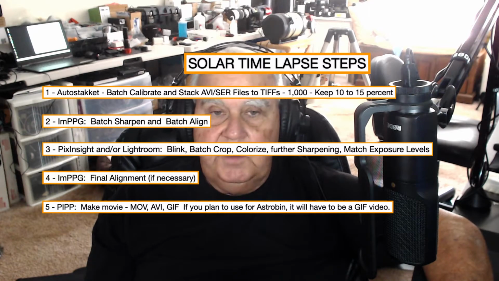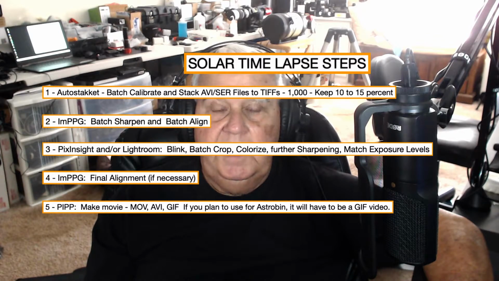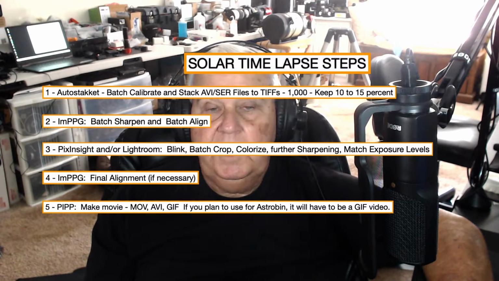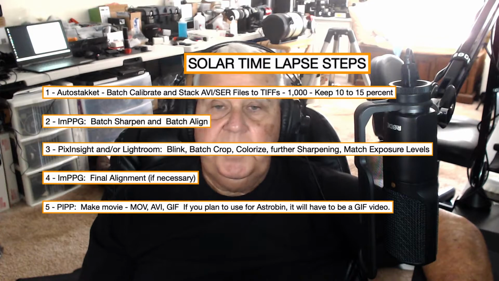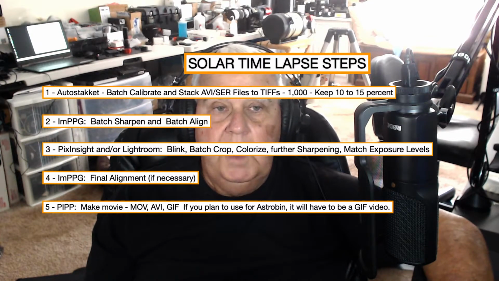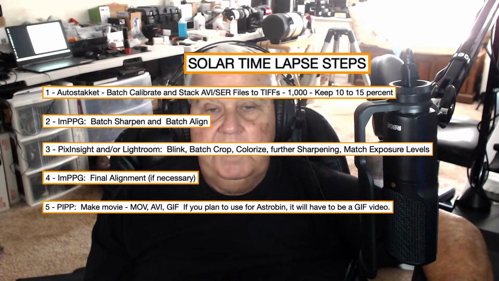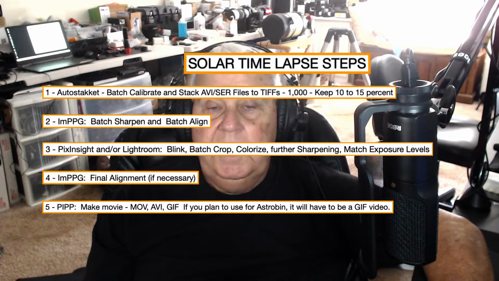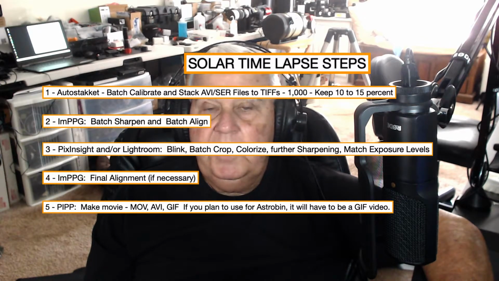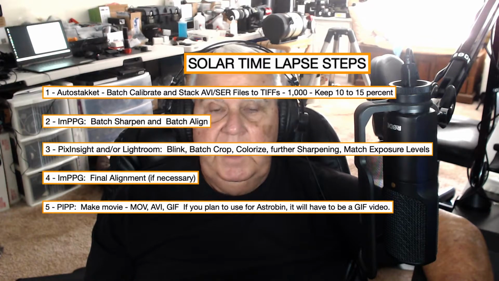So if the scene is rated 5 and it looks to be very good, then I'll take somewhere around 200 to 500 images, and I'll keep between 10 and 15%. If the scene is just not really that good, then I'm going to take more, maybe 1,000. I'll never take more than 1,000.